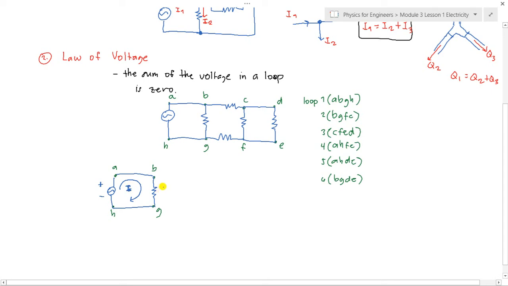Okay. Again, in applying this second law of voltage, be sure to remember this one.